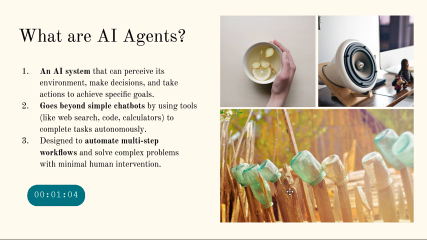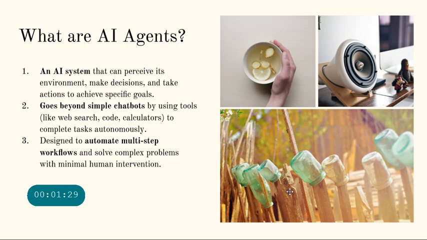Like it can access the web, it can write code for you, it can do calculations to complete tasks autonomously. And typically, AI agents are designed to automate a multi-step workflow and solve complex problems with very little human intervention.